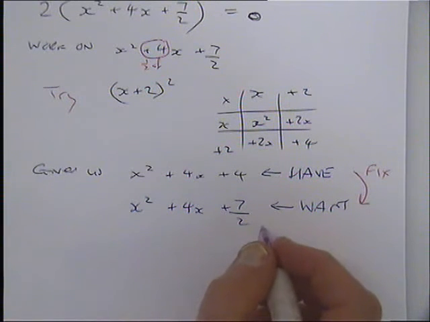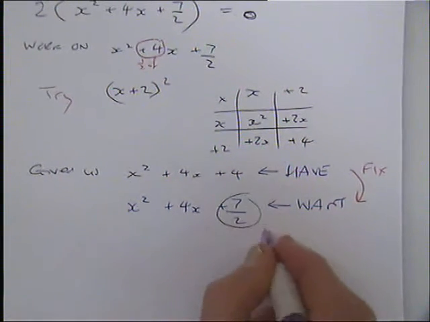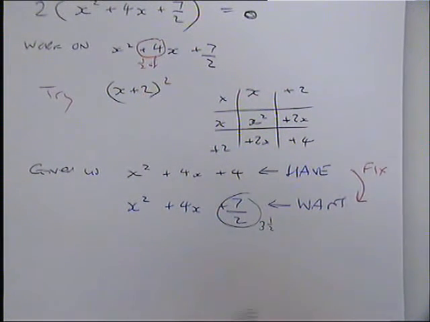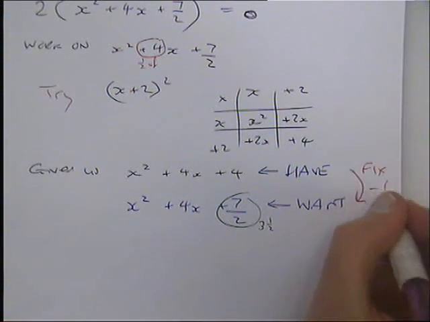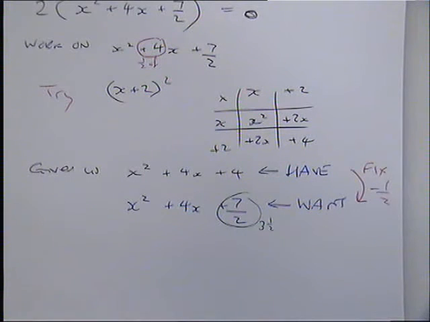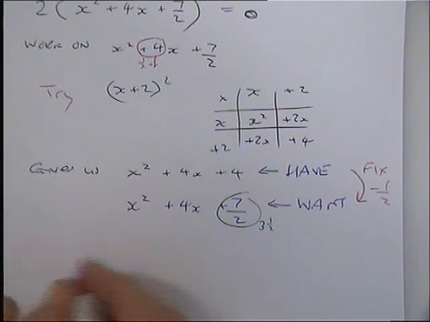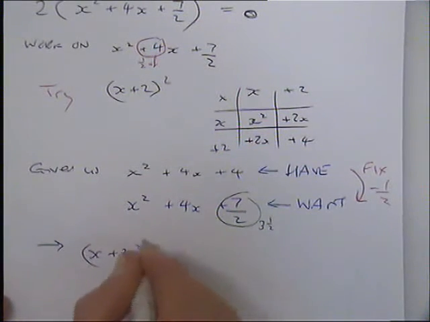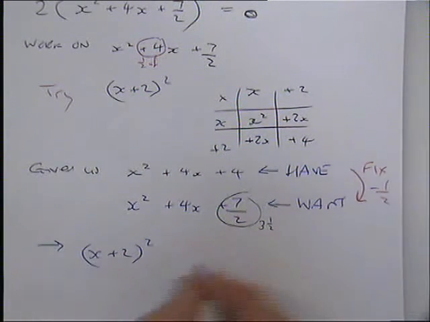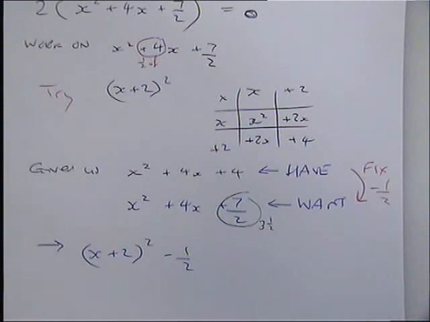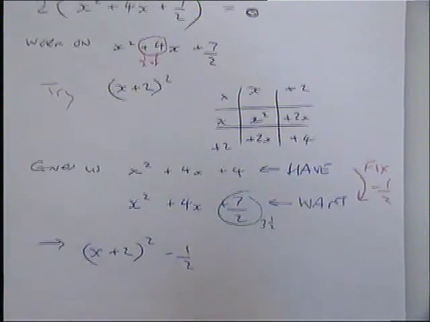Well, how would 7 over 2 more commonly be written down? Yeah, that's 3.5. What have you got to do to get from positive 4 to positive 3.5? Take off a half, yeah. So minus a half is going to be our fix. Okay? So that will give us what we tried, which was x plus 2 all squared, with that minus a half on the end. Okay?